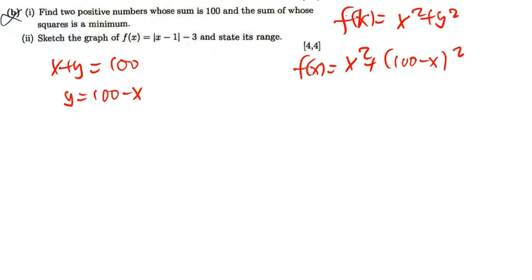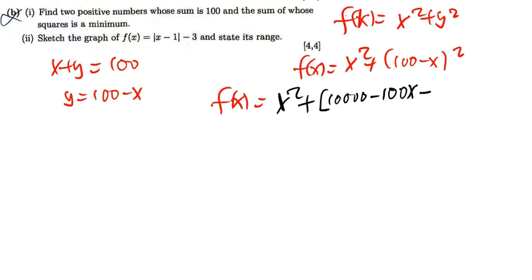So we expand now. How are we going to expand it? We have f of x equal to x squared plus, 100 times 100 should be 10,000, I'll put it in the brackets, then 100 times x is 100x, x times that is again 100x, then plus x squared.